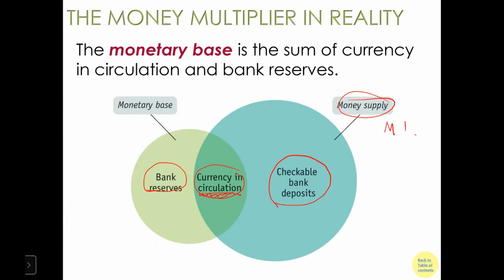Think about the extreme case: if we keep everything as cash, then we won't have any checkable bank deposits, because everything shows up as cash. On the other hand, if we hold nothing as cash, then this part goes to empty, and you can see the money supply is going to be much larger, right?